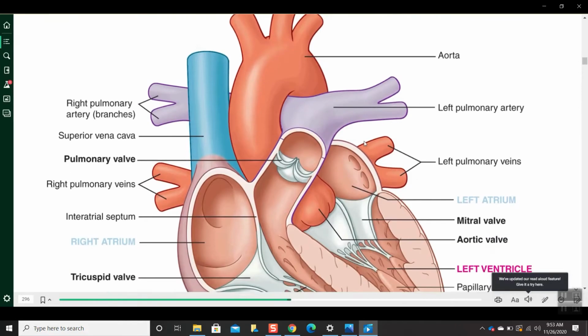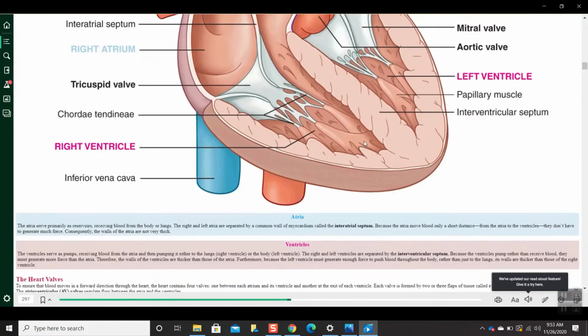If you look on page 297, it's going to talk about the atrium and the ventricle of the heart. So the question is, name the 4 chambers of the heart and describe their function.